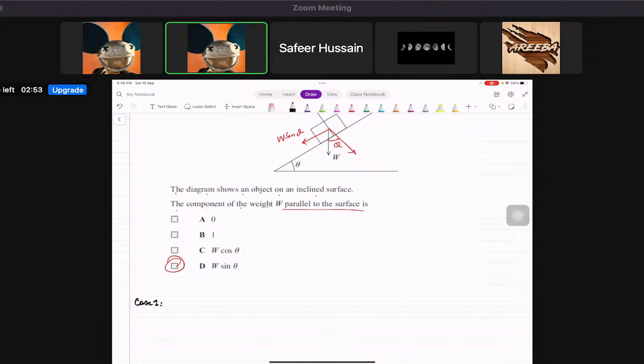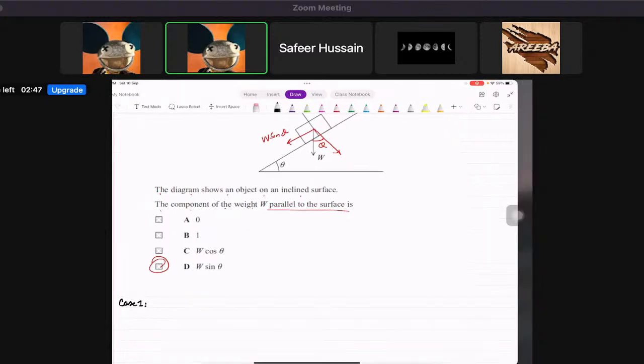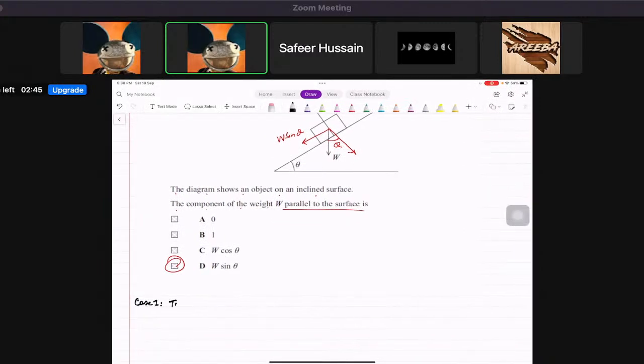Anyway, then we need to look at when two bodies are connected with an inextensible string.